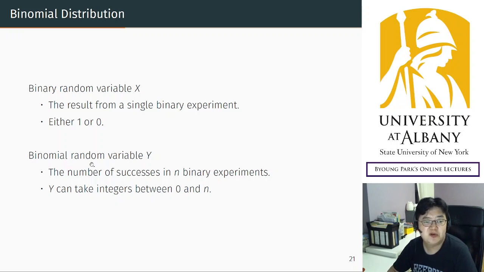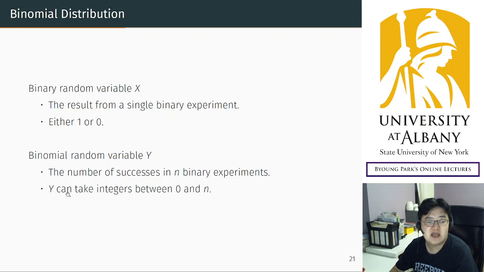The binomial random variable y is defined as the number of successes in n binary experiments. So if the experiment is repeated n times, you observe the outcomes and then you only count the number of successes. That is the binomial random variable.